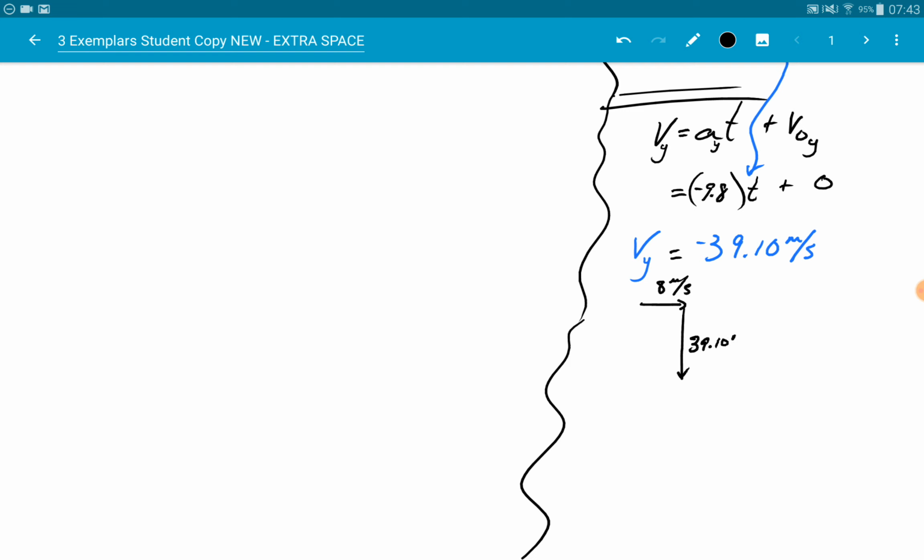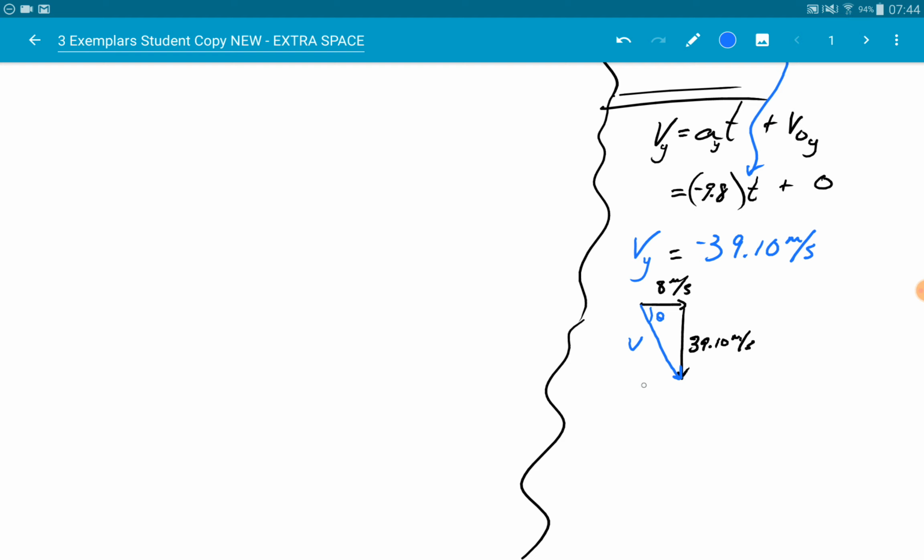We already have the direction going down, so sometimes it's a little redundant to put the negative when it's already a vector pointing down. Usually, when you are drawing the vectors, you just list the magnitudes, the values of them, because the arrows give you the direction. And then my resultant vector is this one here. And that's going to be at some angle, and I'll label that theta. That's below the x-axis, you might say.